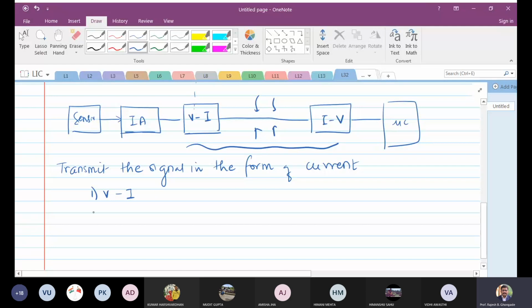You can have voltage to frequency conversion also, or you can use a fiber optic cable to transmit your signal. V2F will be something like frequency modulation. So even if there is noise, it won't affect the information because information is encoded in the form of frequency variations in FM. Here in this case, obviously, voltage may get noise, but current will remain the same and it will not be affected.